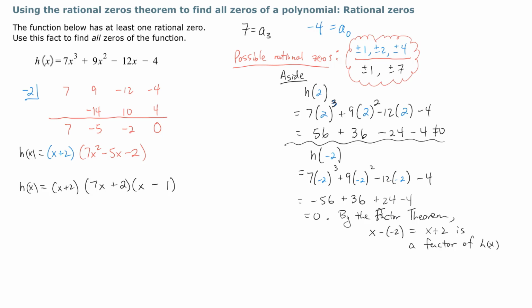We have written h of x as a product of 3 linear factors. Let's find the zeros. If we find the zeros, we need the output, or the y value, to be equal to 0.